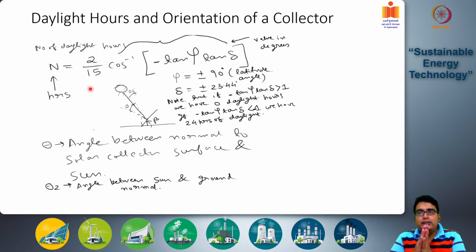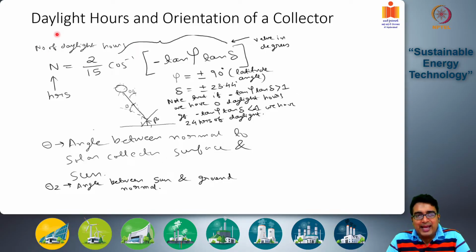Given that you know the declination angle and the latitude angle for that given location, and at this point remember the latitude angle varies from plus 90 degrees in the northern hemisphere to minus 90 degrees in the southern hemisphere. So equator to 90 degrees north is 0 to plus 90, equator to 90 degrees south is 0 to minus 90.